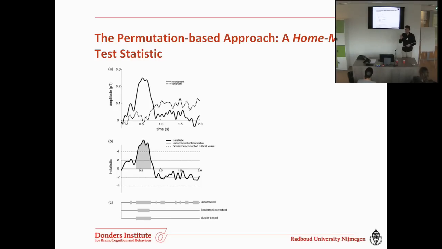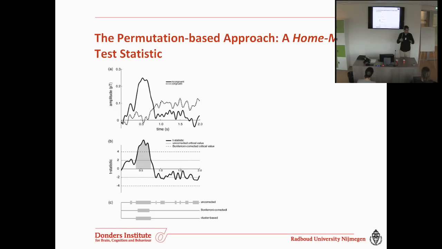In a time-locked trial, if you have observed an effect, say at 302 milliseconds post-stimulus onset, most likely it will also be there at 303, 304, 305. So you should not consider these samples separately.